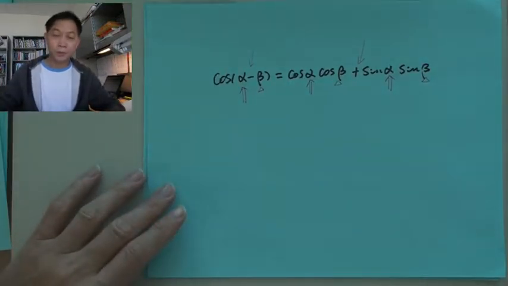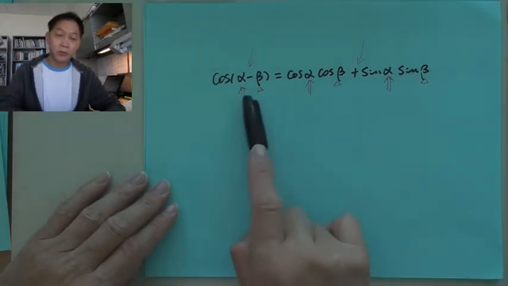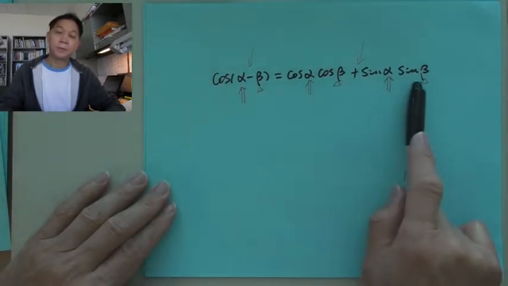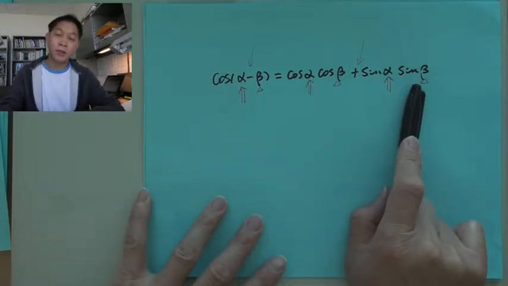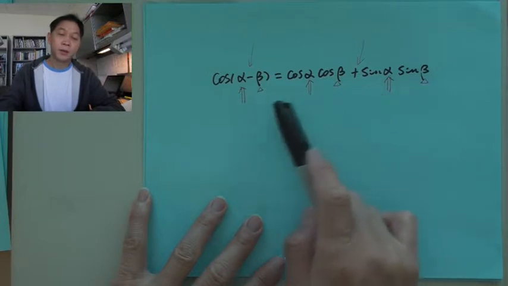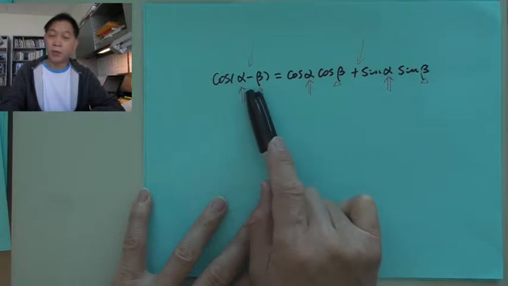In this lecture, we will talk about the proof of this formula. This formula looks a little bit complicated, but this is a very starting formula. Every formula is actually from here.